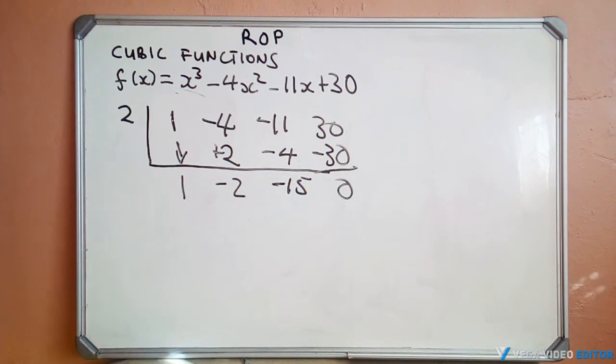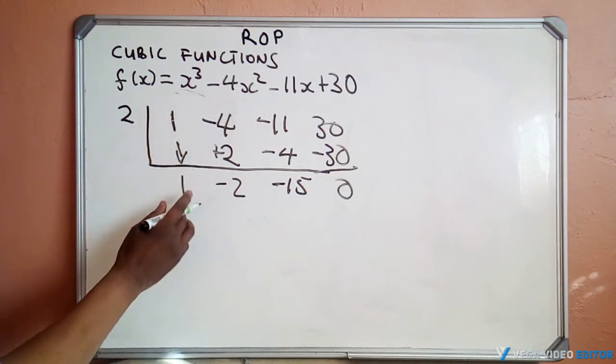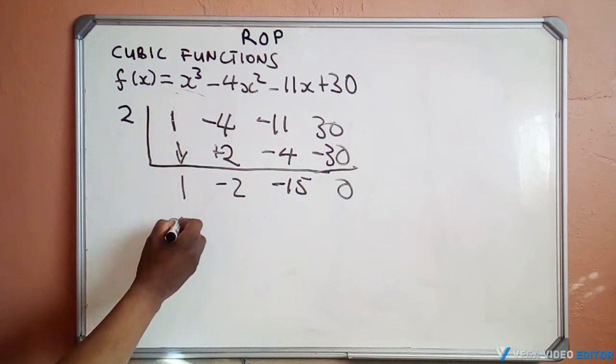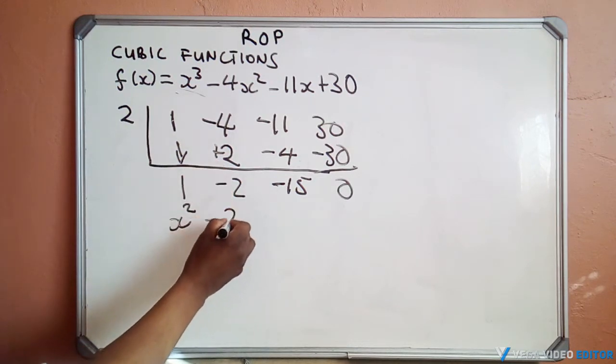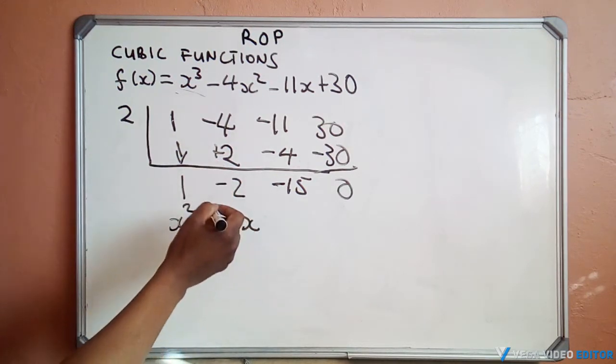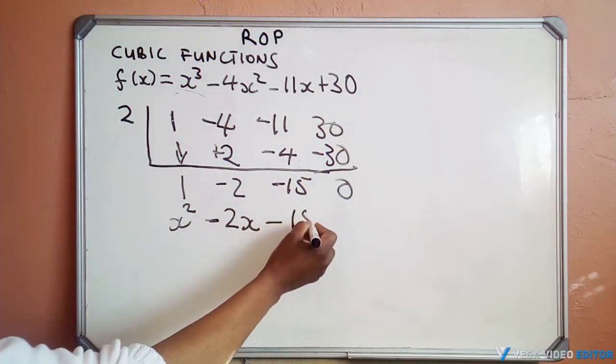So therefore, if you are rewriting this, what it means is taking the first items there. This will give us x squared, and then minus 2x, and then minus 15.